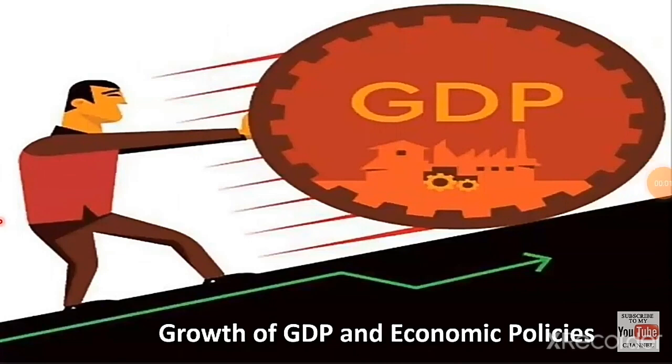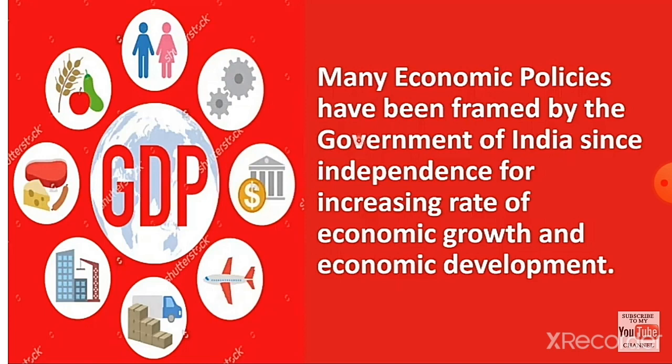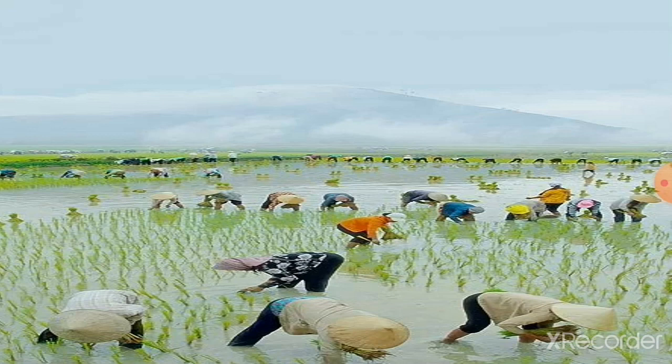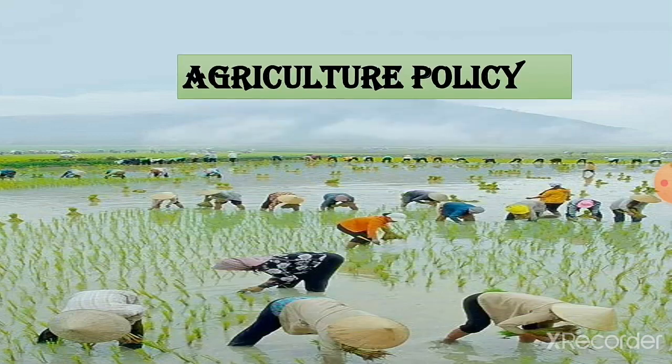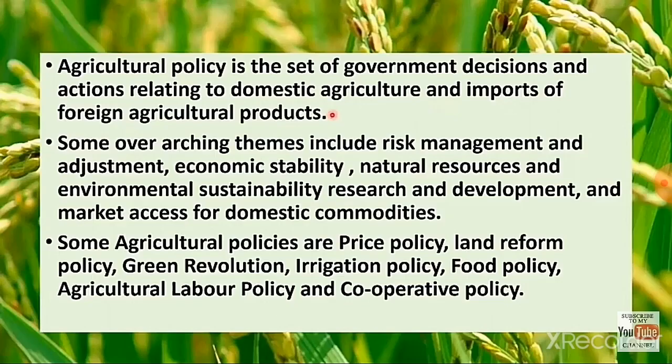Next, growth of GDP and economic policies. Many economic policies have been framed by the Government of India since independence for increasing the rate of economic growth and development. The important economic policies are, first one is agriculture policy.